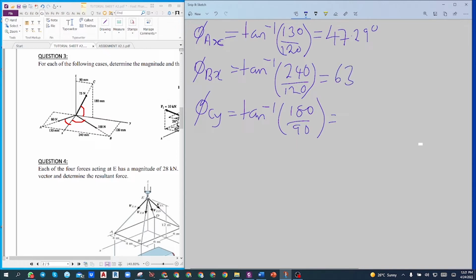This is 63.43 degrees. And again, this is 63.43 degrees. Yeah, tan inverse of 2.